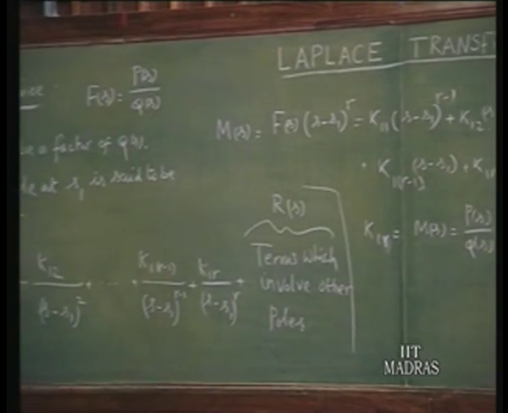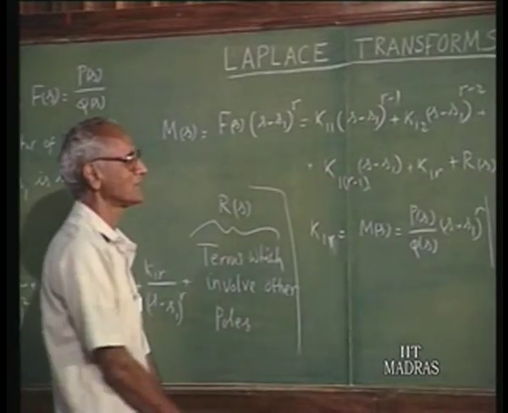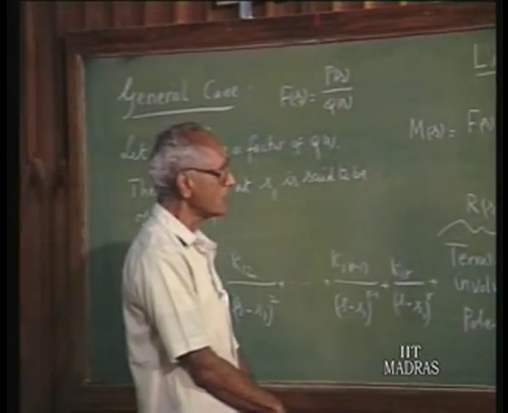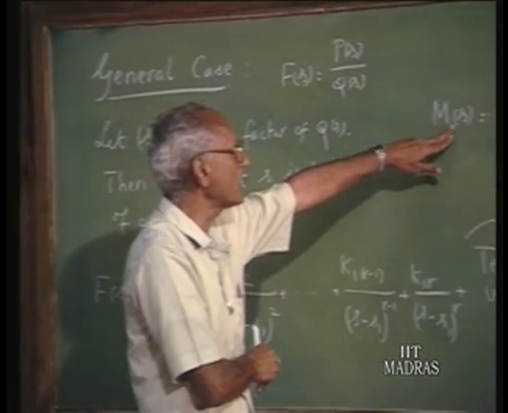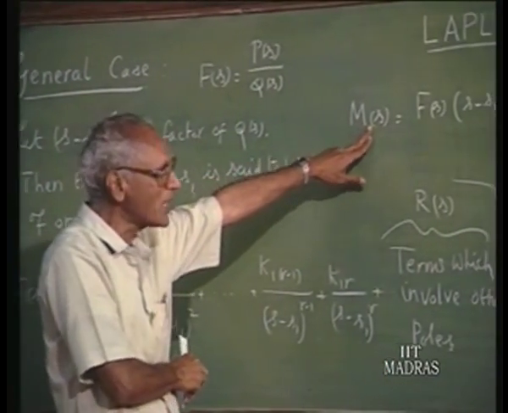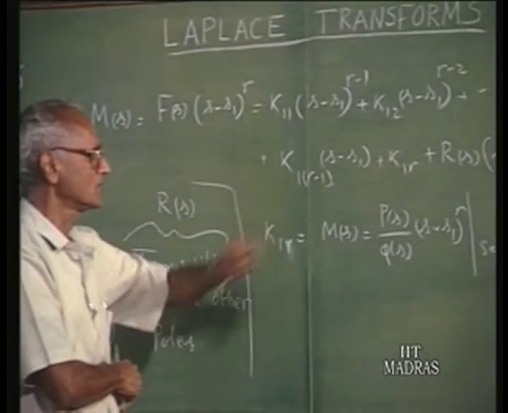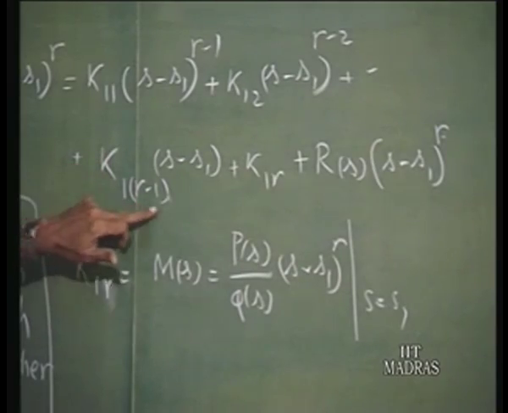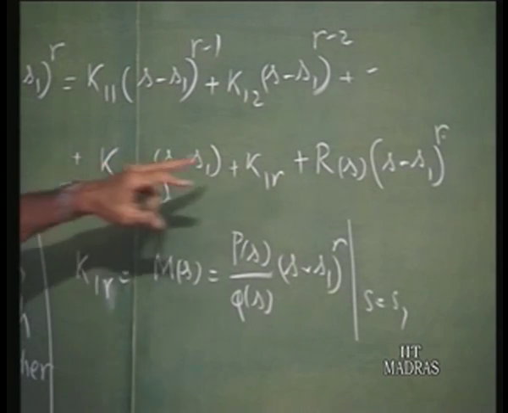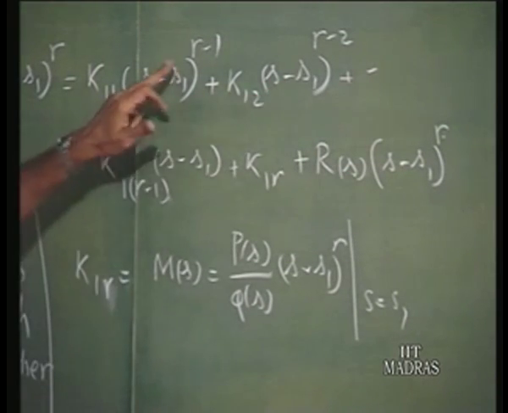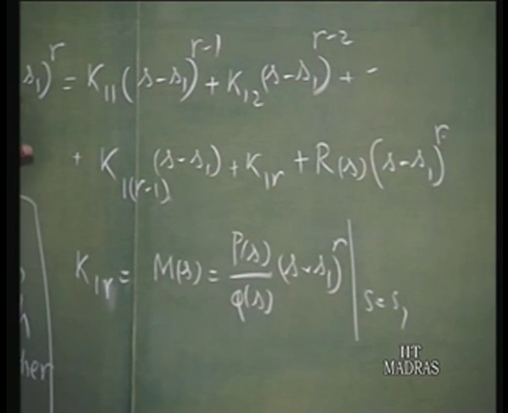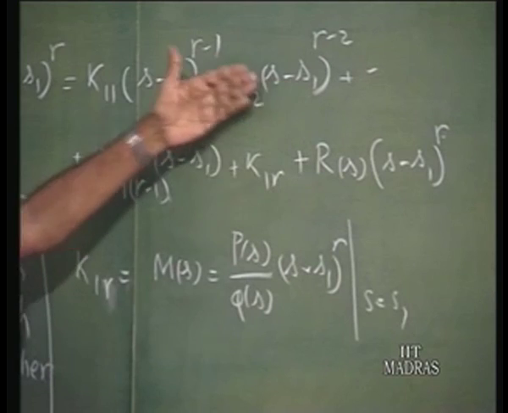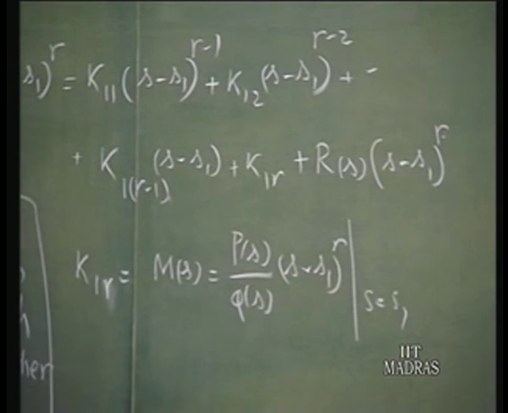Now to find out k1(r minus 1), we adopt the same trick as we have used in this example. You recall, we took the derivative of M(s) with respect to s. If you do that, this term drops out, and the derivative of this is simply k1(r minus 1), and since these are all accompanied by higher powers of (s minus s1), when you take the derivative, (s minus s1) continues to be a factor here. Therefore they all drop out.